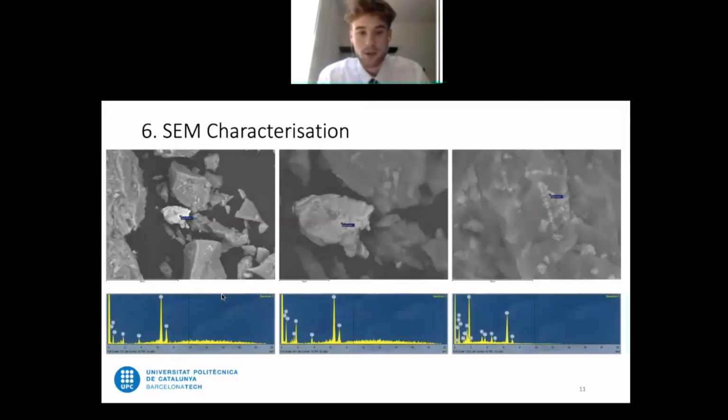Giving more information are these elemental compositions. When viewing the image on the left, we can see that there's a massive amount of iron here with very low amounts of oxygen and silicon. So just by viewing this image, we could easily infer that this particle is in fact a metallic iron particle. However, once increasing the magnification, this isn't the case, as silicon and oxygen increase in this middle image. And then moving on to the right, you can see that silicon is far greater than the iron element.